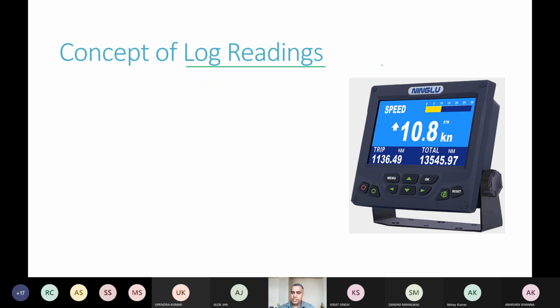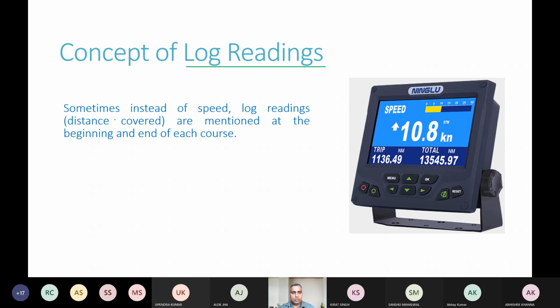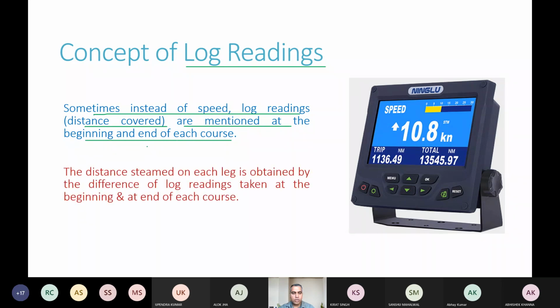If these log readings are given to us, we can use them to find out the distance steamed. So sometimes instead of speed, log readings, that is the distance covered, are mentioned at the beginning and at the end of the course. Now the distance steamed on each leg is obtained by finding the difference of log readings taken at the beginning and at the end of each course.